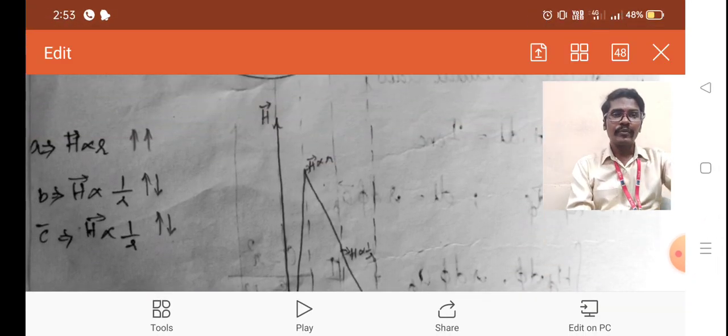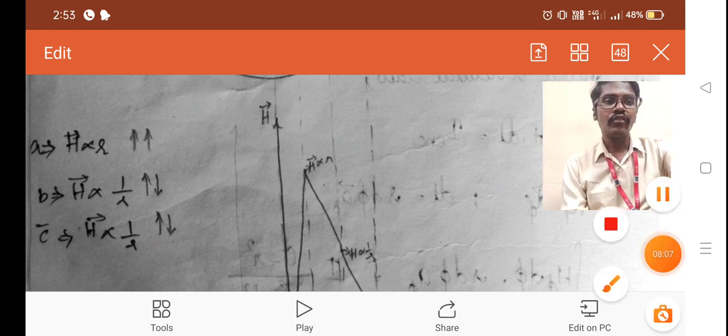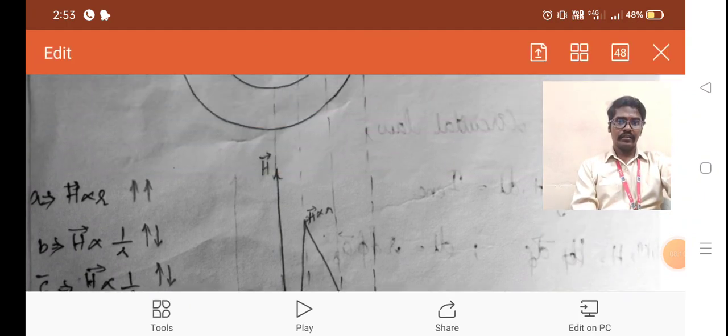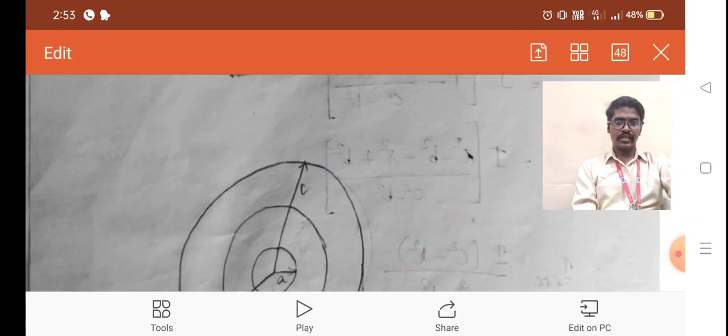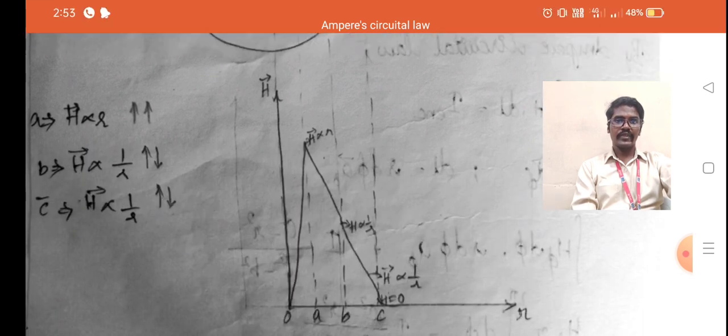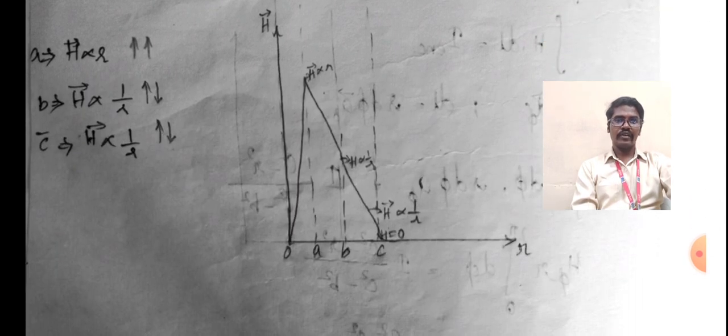And this diagram represents the variation of H in each region. Now it has been represented, and you could see for the first region the value of H increases, as r increases H also increases, and it keeps increasing till a, so H is directly proportional to r.